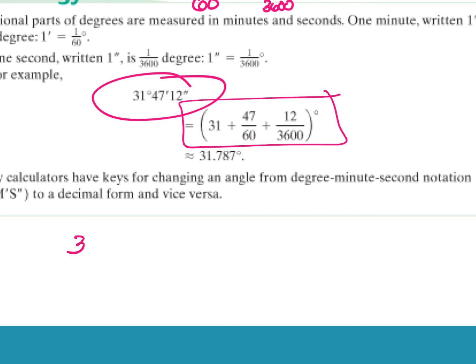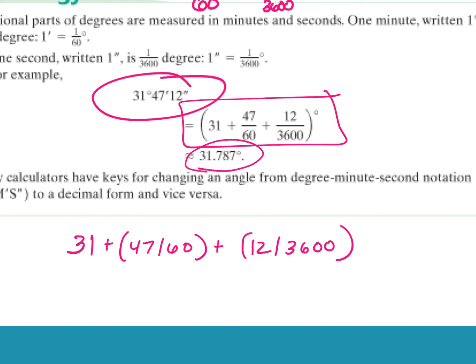By order of operations, you should still get the same answer, because it divides before it adds. So again, it terminates, but 31.7866666 repeated is what it should be. Everybody get that? Yes? Okay.